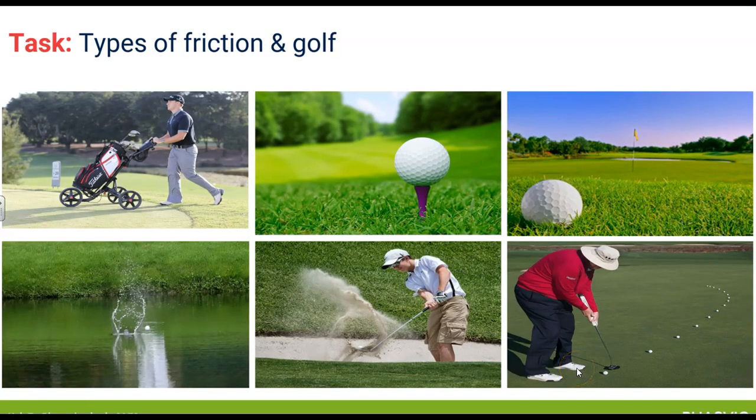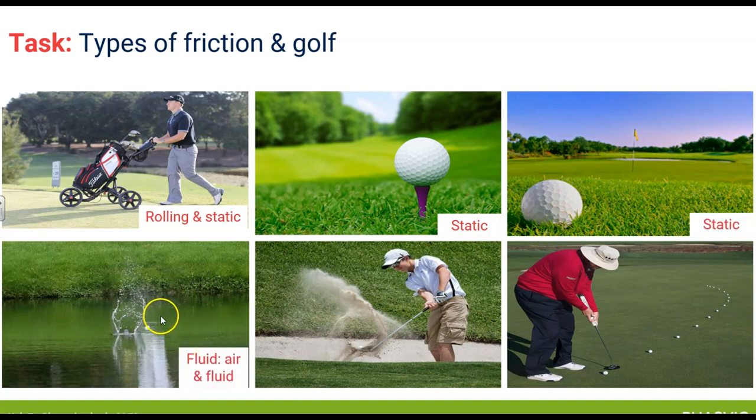So just to pull those types of friction together before we move on, here are some examples. We've got rolling friction, static friction between the feet. We've got static friction between the tee and the ball. We've got static friction between the grass and the ball. We've got fluid friction if the ball was flying through the air, as it just about is, but also it would be fluid friction in the liquid of the water.